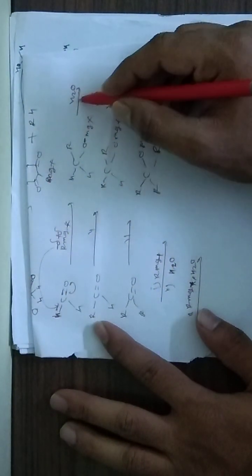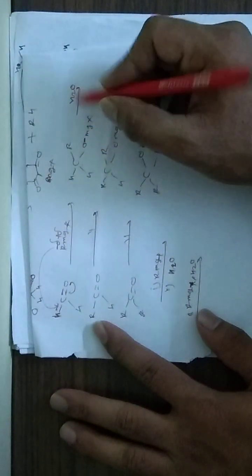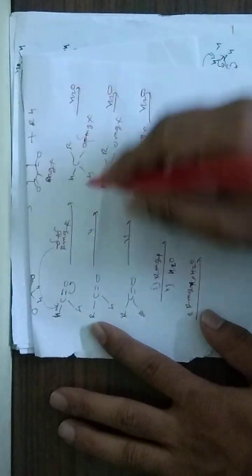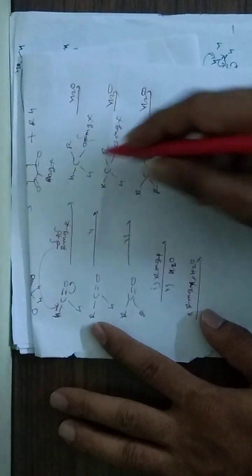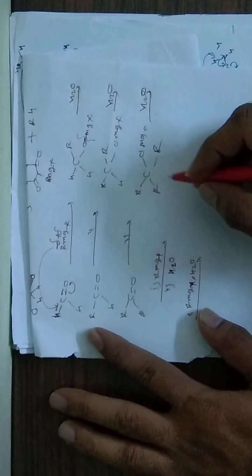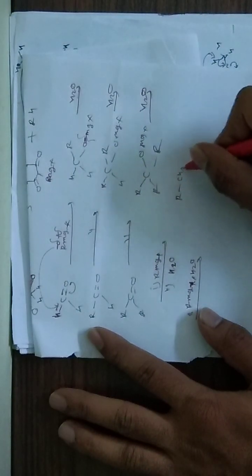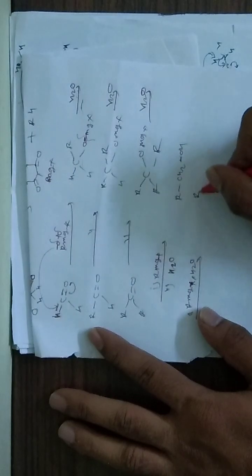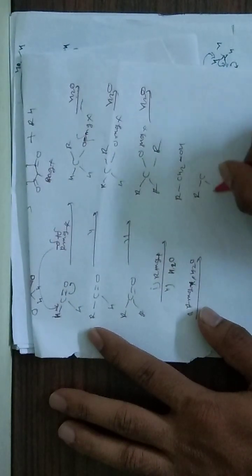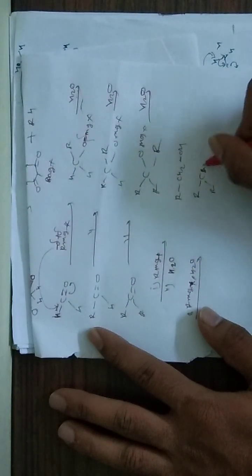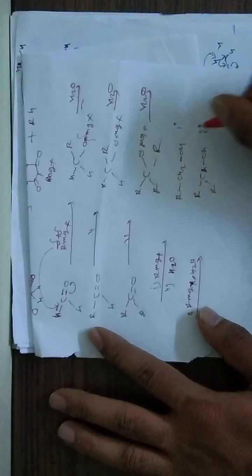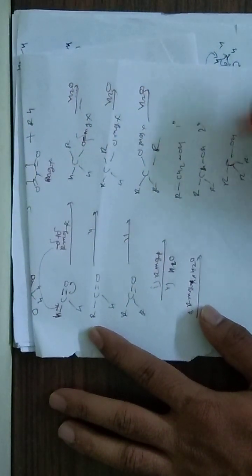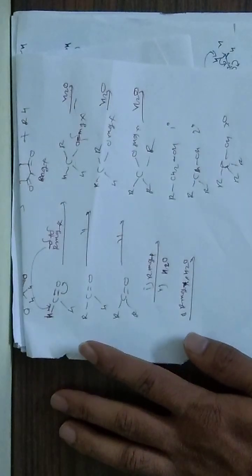Here if we add water, what will happen? Hydrolysis of that bond will happen, and we get alcohol. So this is CH2OH, primary alcohol from here, RCHROH secondary, this is primary, secondary, and from here R2C ROH, this is the tertiary alcohol that will be formed.